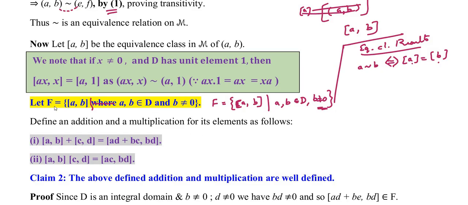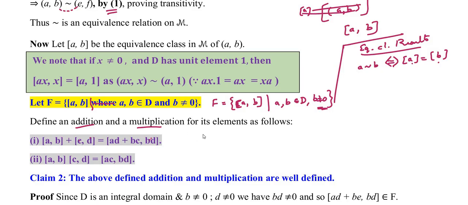Now this is the field that we are searching for. So that means we have to define addition and multiplication for the elements of F. So how are we going to define? You consider two elements, say class AB and class CD. You define this addition in this way: AD plus BC, and then in the second place just multiply these two and write.